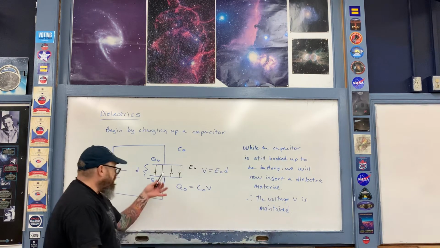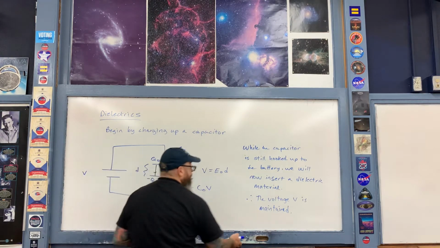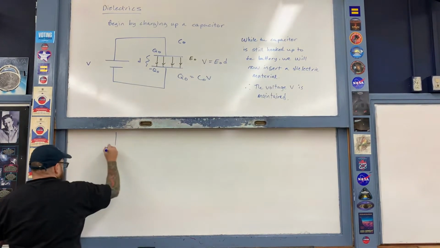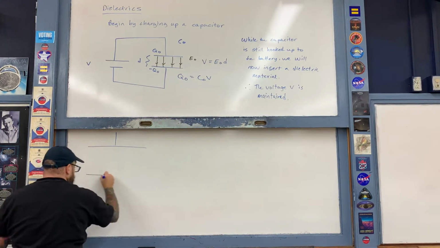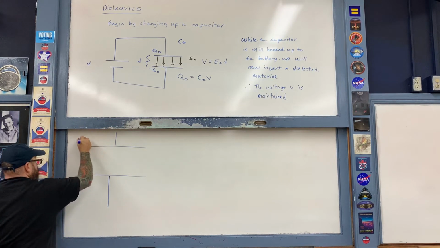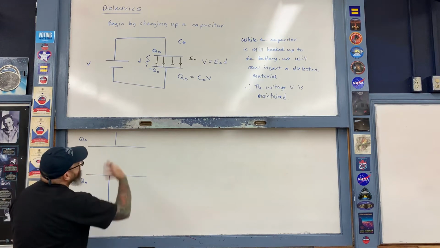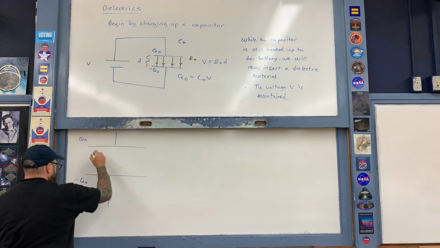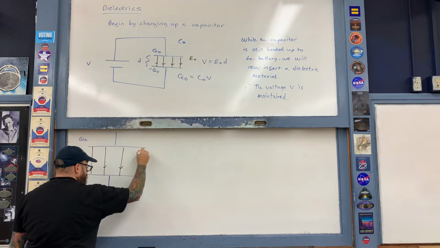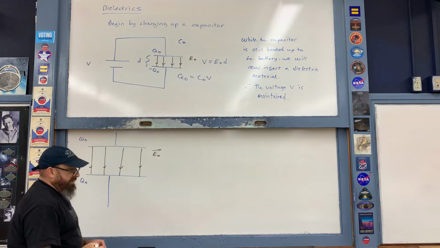Okay, now I'm going to draw a close-up here of the capacitor when we insert the dielectric material. Okay, so here's a close-up of the capacitor like so. Once again, initially it has the charge Q0, like so. And then we have the electric field in black, E0, like so. And let me put a vector symbol here associated with it like this.